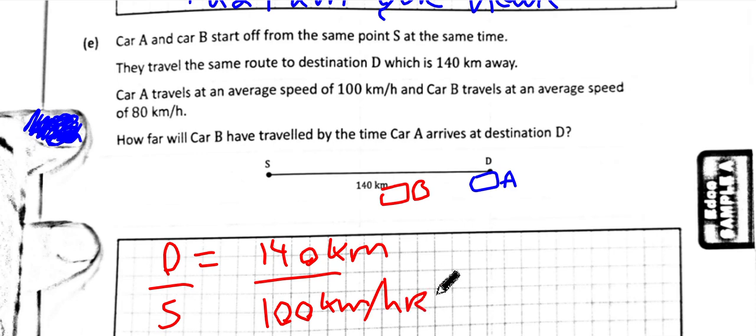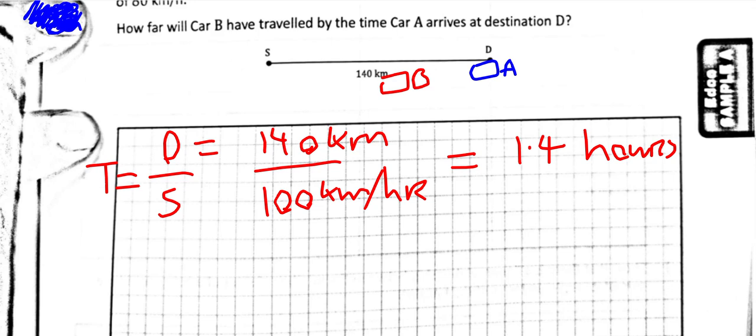So I want you to divide 140 by 100 to figure out what the time is. 1.4 hours. Is that okay?